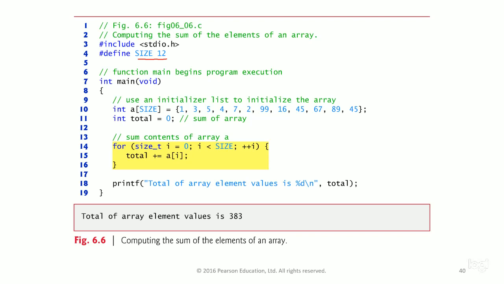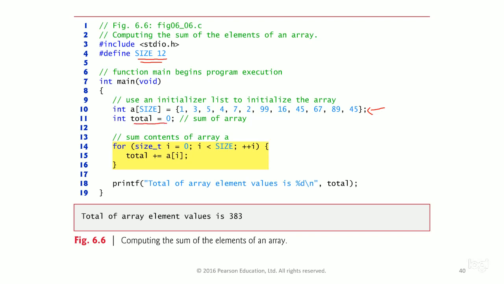So the first thing that we have is a preprocessor directive which tells us the size of the array. Then we initialize the array to these values using the curly braces. And if we want to sum all the values in this array, as you've seen in some programs previously, what you can do is initialize a variable.